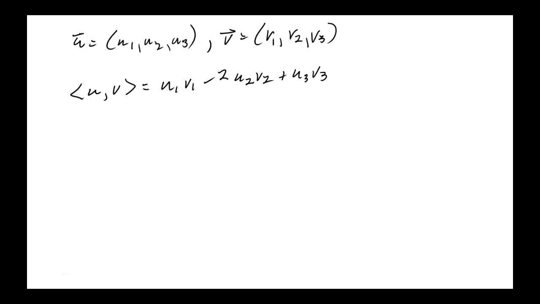But going back, remember 4 doesn't deal with the 2, it deals with just U comma U. So forget V. If U2 was significantly greater than U1 and U3, then the product of U1 by itself is positive, U3 times itself is positive, U2 times itself is positive, but minus 2 times that would be negative.